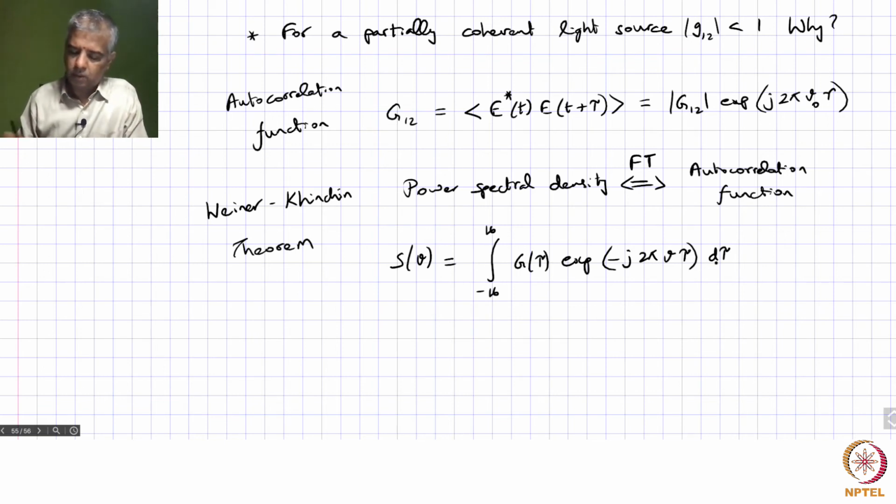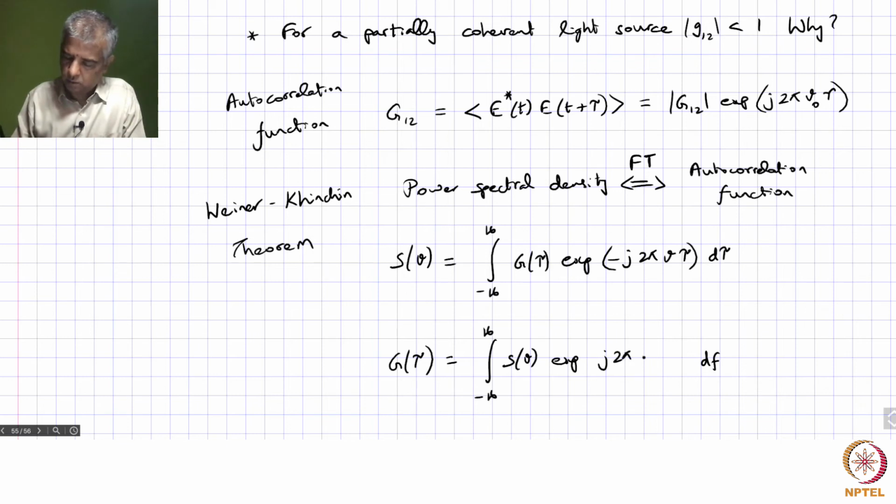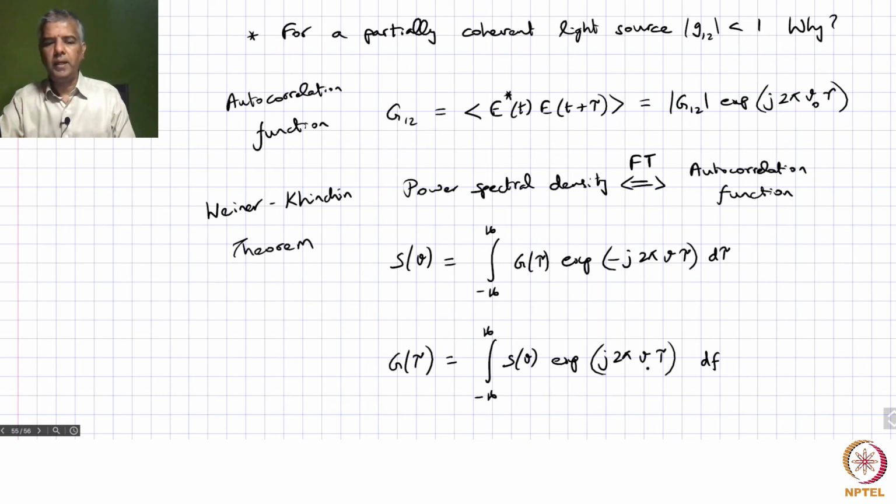And similarly, once you measure S of nu, you can find out g of tau as well. So, g of tau is going to be given by an integral from minus infinity to plus infinity, over all frequencies, of S of nu exponential of j 2 pi nu tau, right.